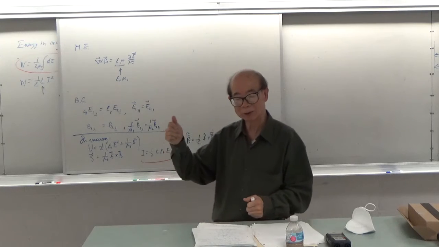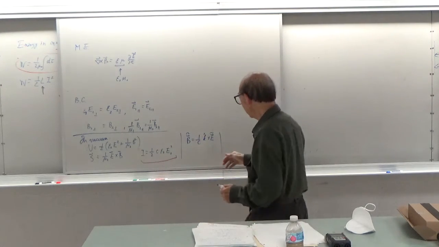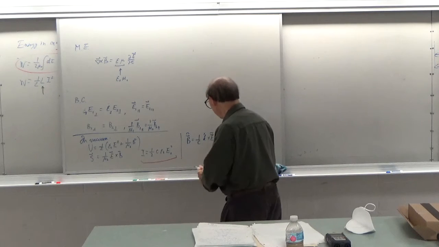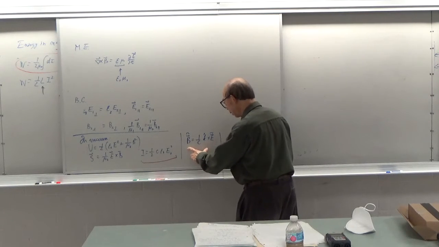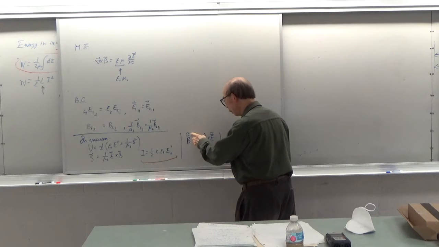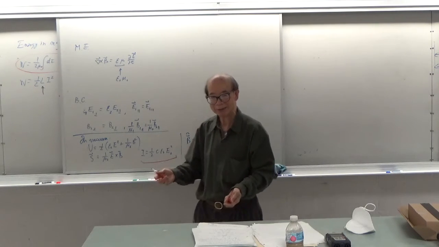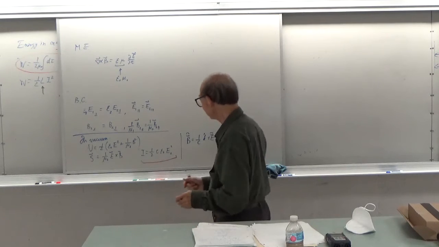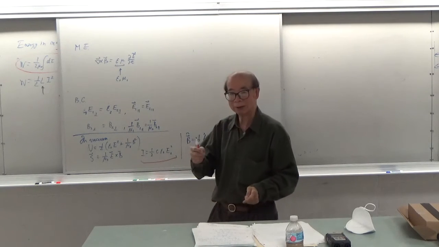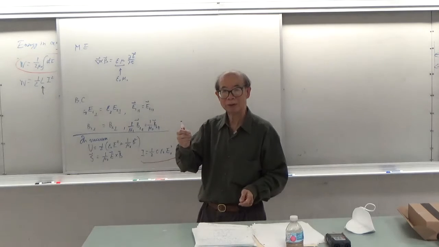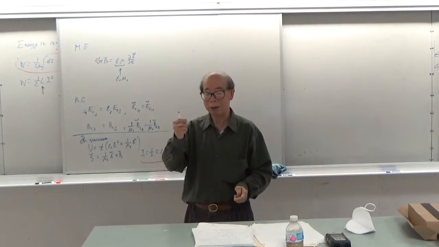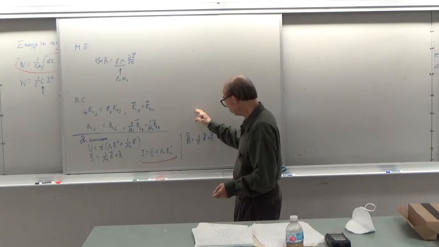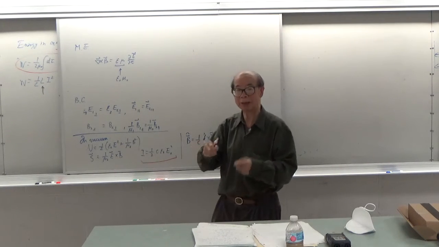So those are transverse waves. And B also is perpendicular to E. Here I've used a complexified field, namely the cosine wave in a monochromatic wave promoted to be the exponential function.